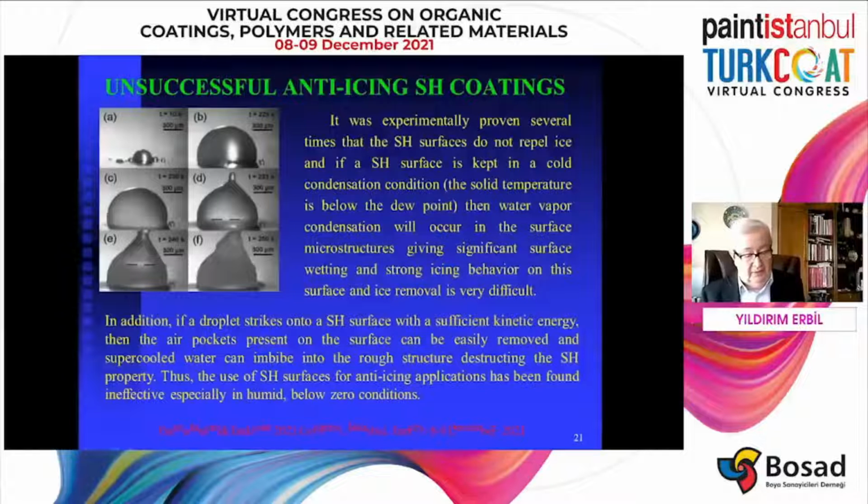Now, there are problems with the anti-icing application of superhydrophobic surfaces. It was experimentally proven several times that superhydrophobic surfaces do not repel ice. They can repel water, but they cannot repel ice.